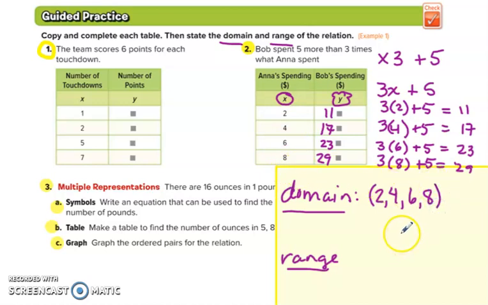When I punch these into the computer, I'm not going to put any spaces in them. You can put spaces in there if you want to, and it'll be correct if you don't have the exact spacing like I do, but you just have to have those numbers. So the range is going to be the numbers 11, 17, 23, and 29.